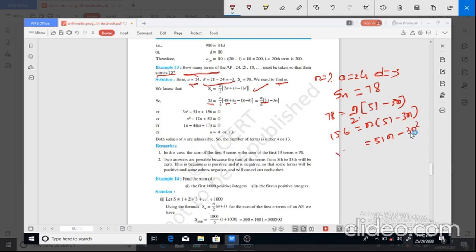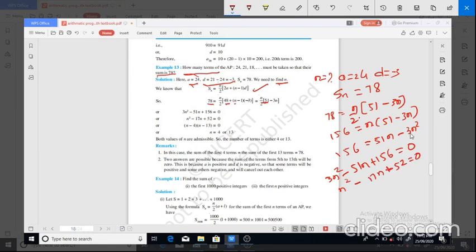What is here? 156. So minus 3n square comes to the left-hand side, that is plus sign: 3n square minus 51n plus 156 equal to 0. After dividing these three terms by 3, we get n square minus 17n plus 52 equal to 0.